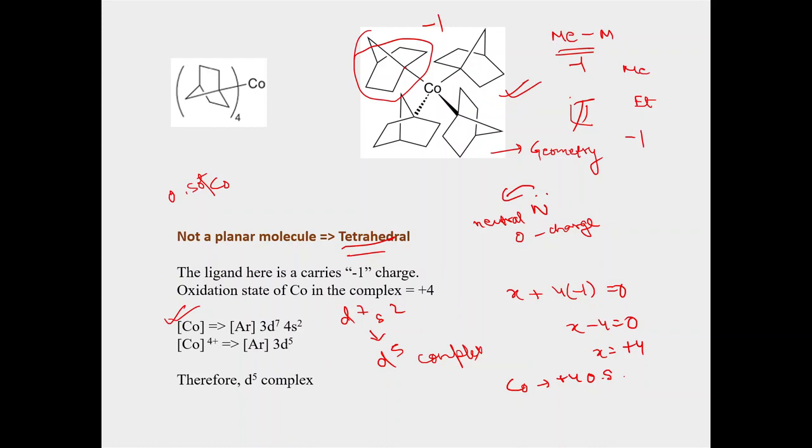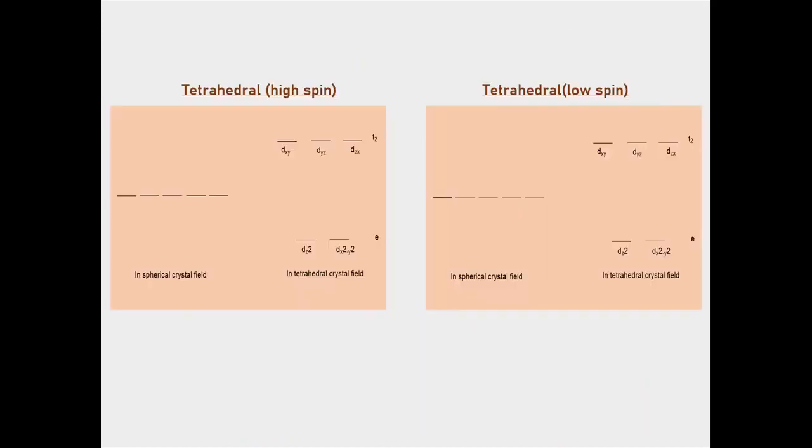Okay. So now cobalt, this is a d5 complex, fine? This is a d5 tetrahedral complex. What does a d5 tetrahedral complex mean? There are two possibilities. One is high spin complex and another is low spin complex. Do you guys know what high spin and low spin complexes are? Number of paired and unpaired electrons. Like in low spin, there are paired electrons, and in high spin, there are unpaired electrons. Okay.